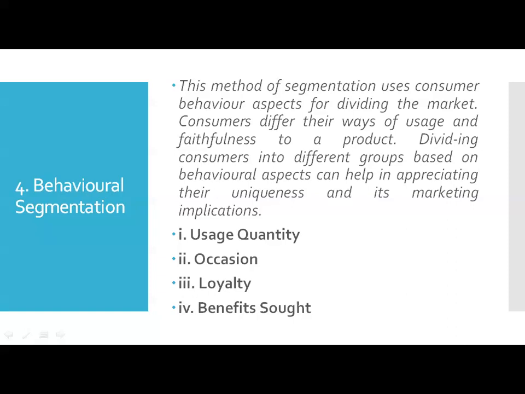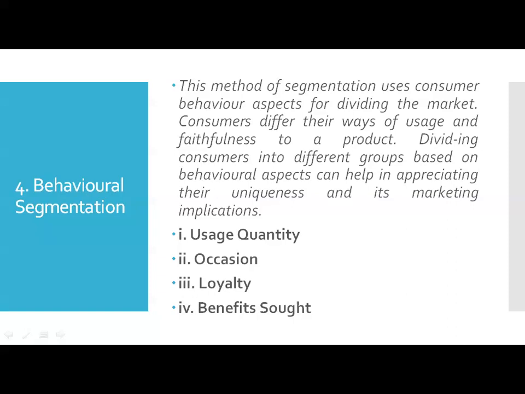And lastly, benefit sought. Consumers may seek different benefits from a particular product. The segment includes seekers of social benefits, protection benefits, economic benefits, etc. For instance, two groups of customers in the real estate market are investors and home buyers.